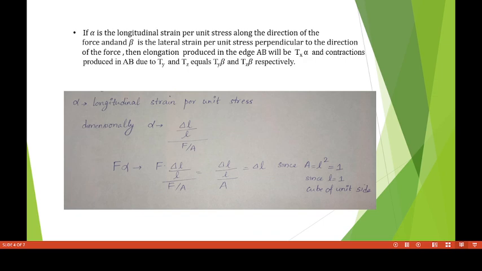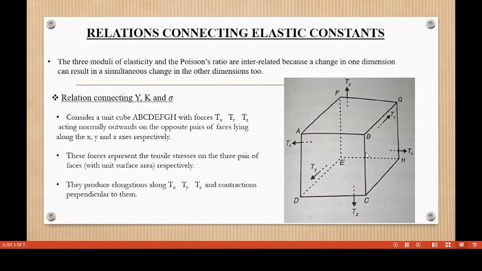Now again, look at this edge AB. As these forces are acting in x, y, z directions, I've already said that the force Tx causes the elongation of AB, and the forces Tz and Ty cause the contraction of AB.